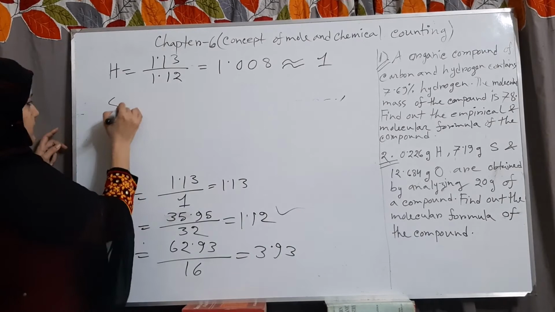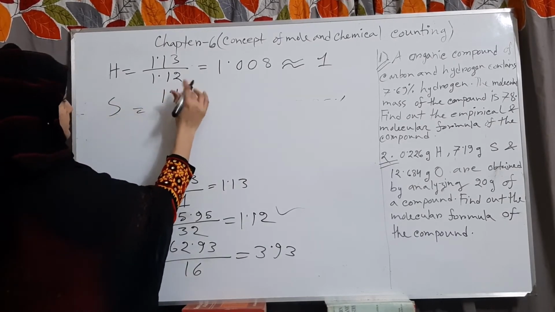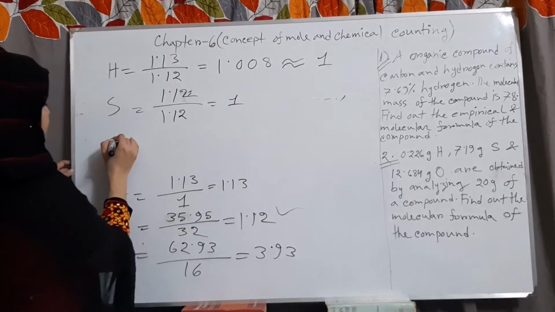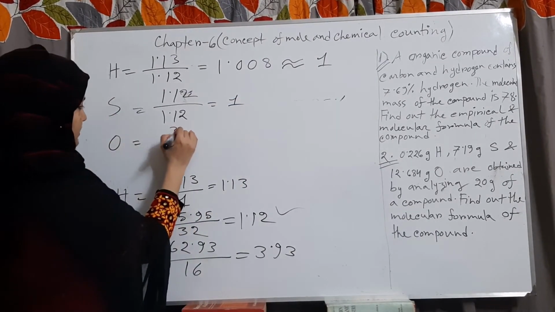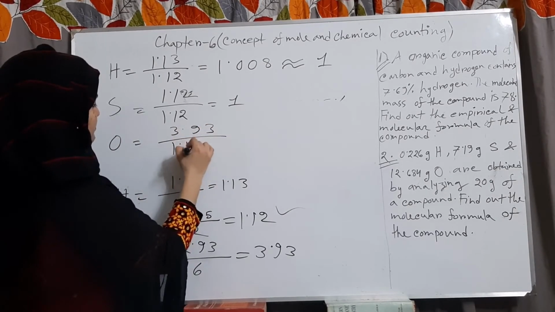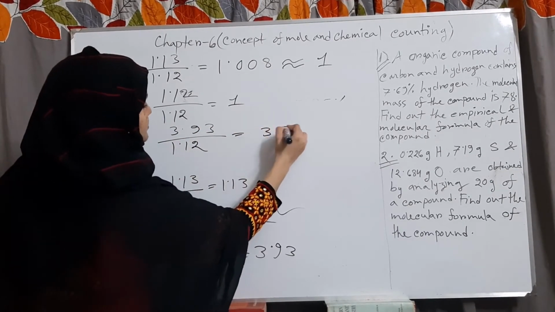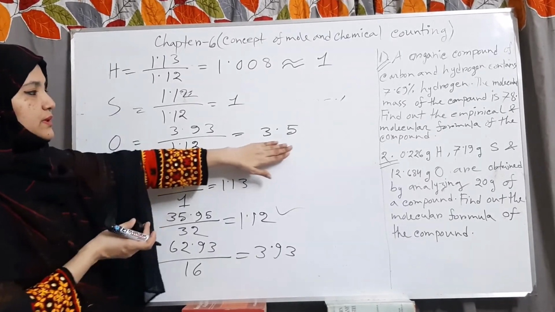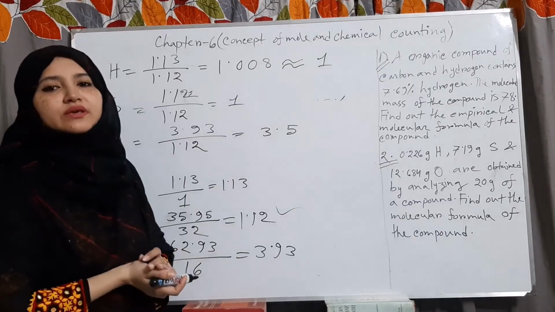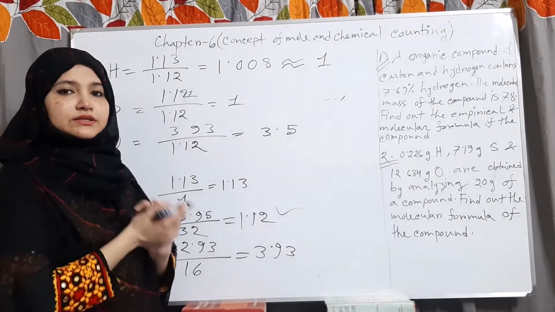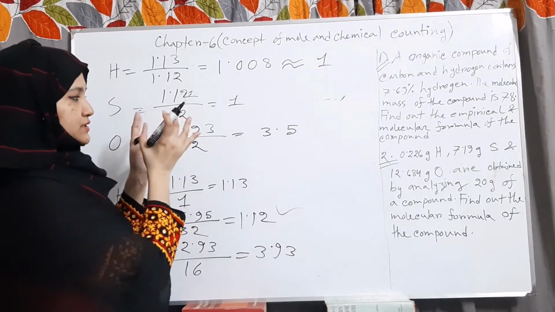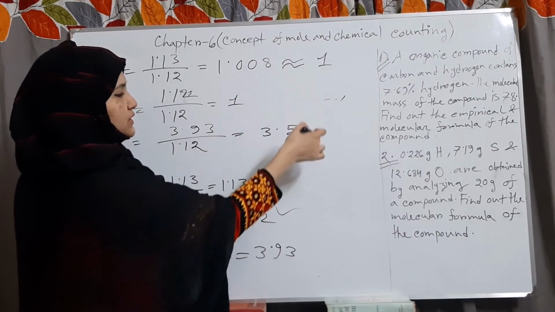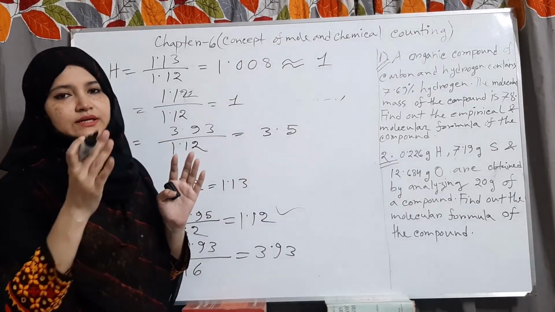Then sulfur, 1.12 divided by 1.12, which is 1, and then oxygen, 3.93 divided by 1.12, which is 3.5. We get a fraction number. Now we have to find a whole number by which we can multiply these numbers and get whole numbers.